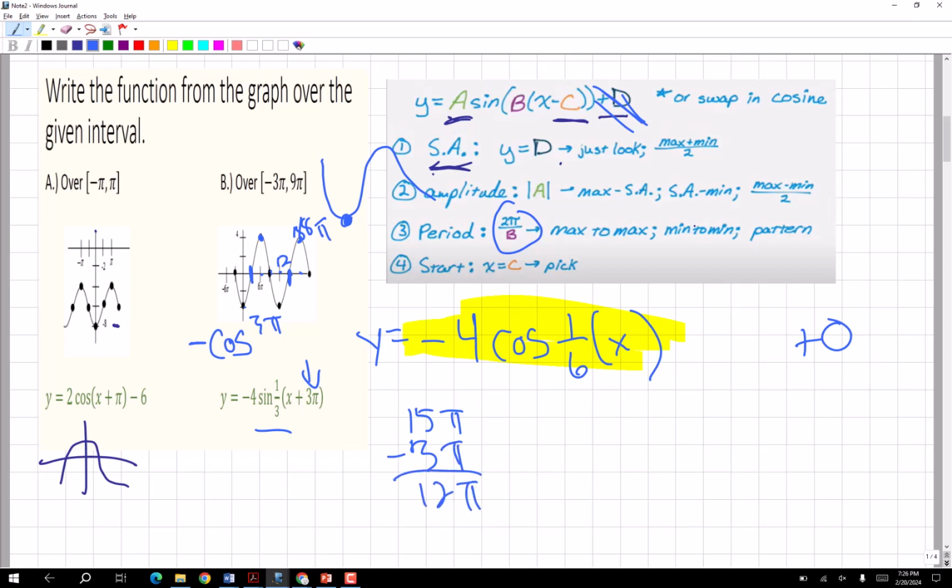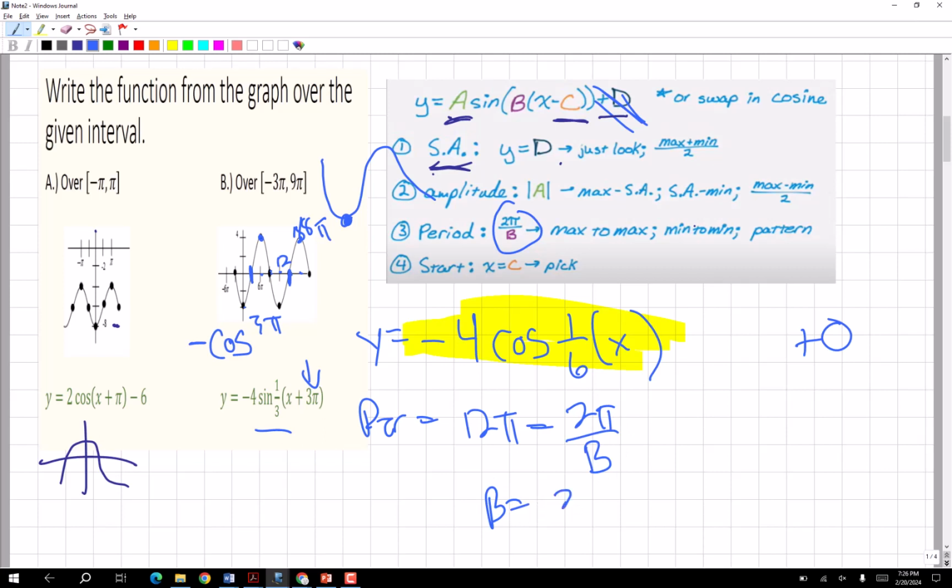Again, the period is 12 pi, and that equals 2 pi over b. So b equals 2 pi over 12 pi, which cancels down to 1/6. So that 1/3 is supposed to be 1/6. 100% sure of that.